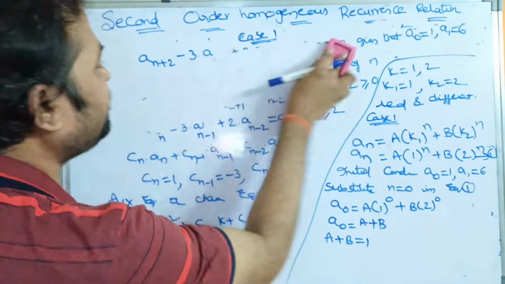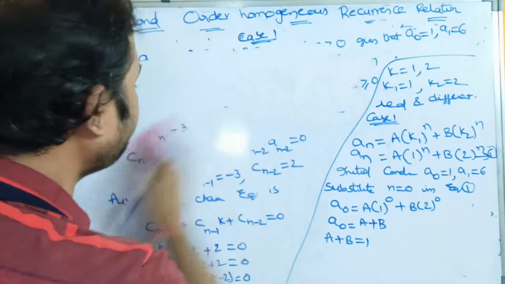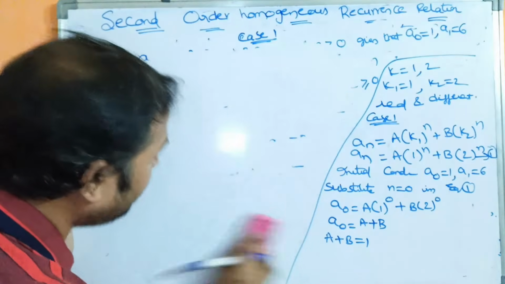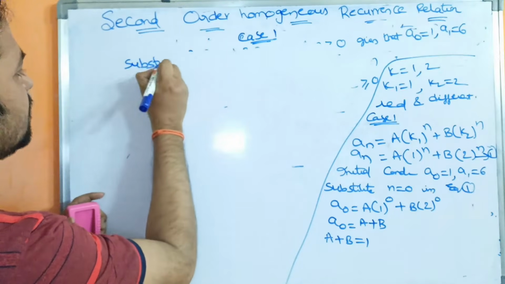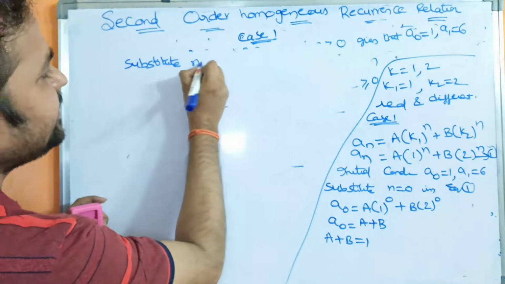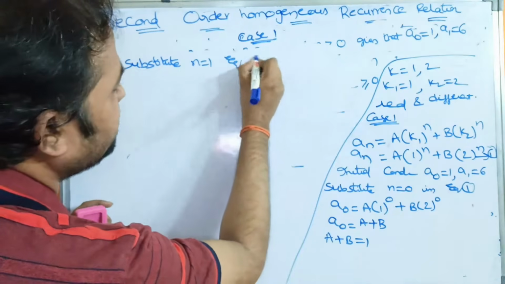Now let us substitute the second one. Substitute n is equal to 1 in equation 1.